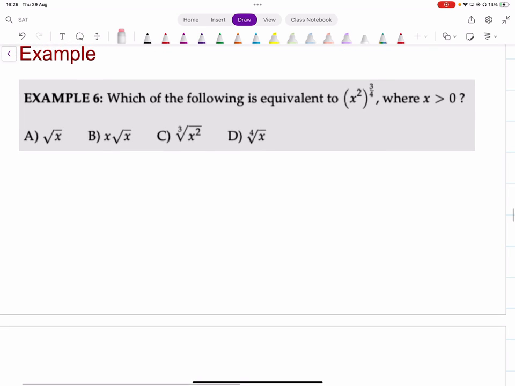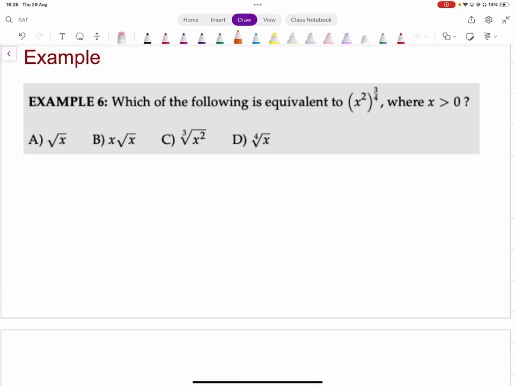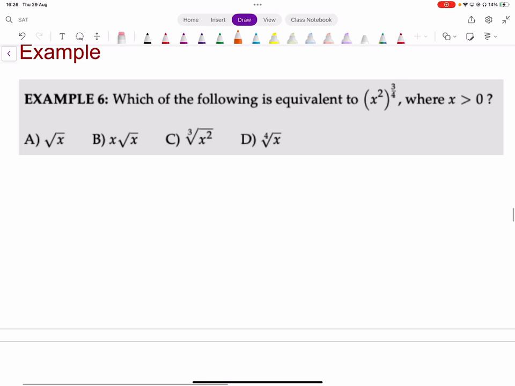This is fairly straightforward now. Which of the following is equivalent to x squared whole power 3 over 4? What should this be? Let's try to simplify this.